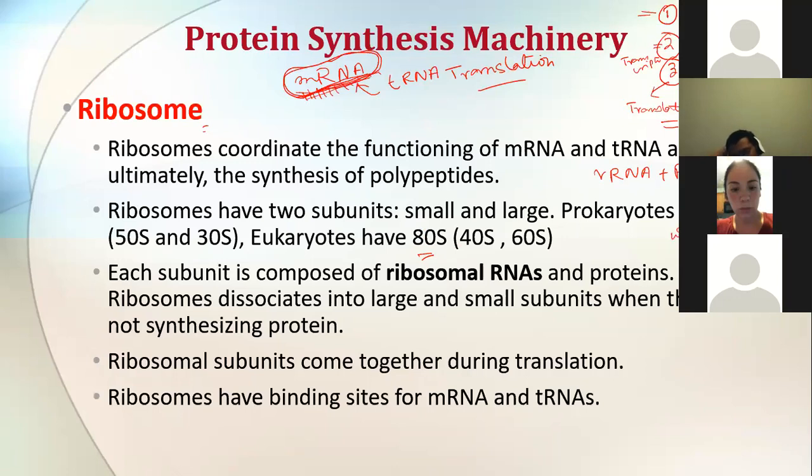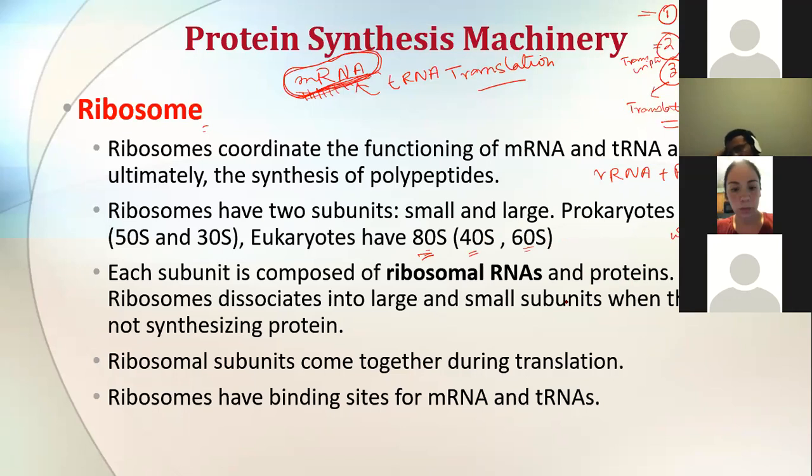That S represents the Svedberg unit. For eukaryotes, we have 80S. The large one is 60S and the small one is 40S.